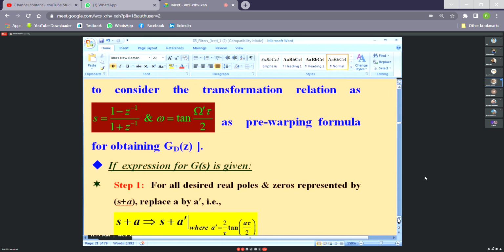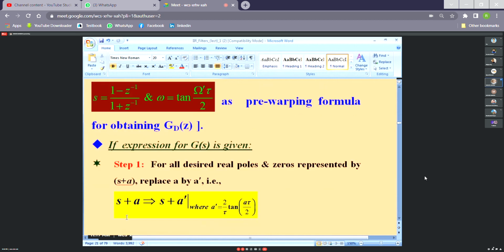Every real pole and zero represented by s plus a has to be converted into s plus a prime, where a prime is 2 by tau tan(a tau by 2). That is the first step. I am talking about when the expression for G(s) is given to you.